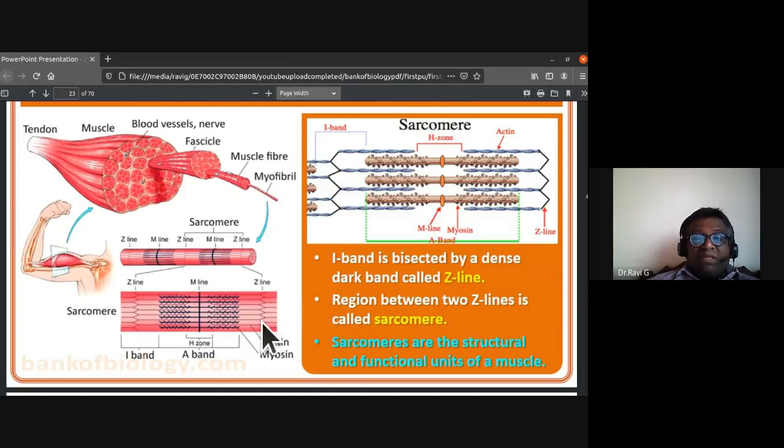So the Z line, M line, Z line. The region between two Z lines is called a sarcomere. The sarcomere is the structural and functional unit of a muscle.